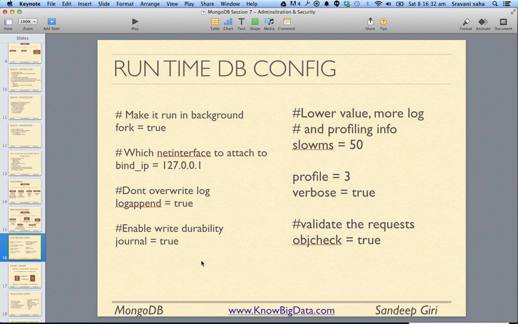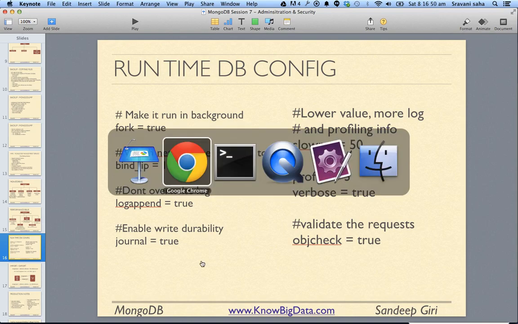The other aspect of the operational strategy is how you configure your system. Okay. So there are two ways to configure your system. One is through the file and the other is through the command line.